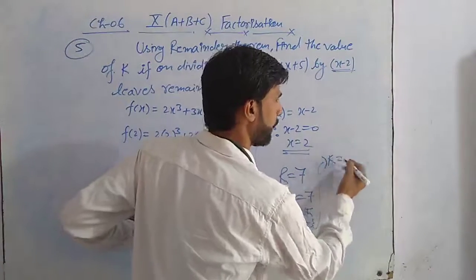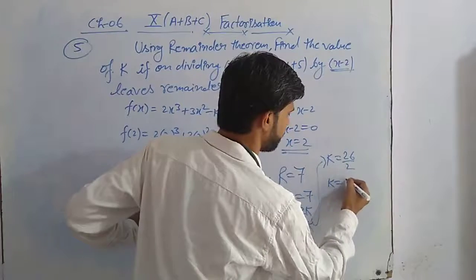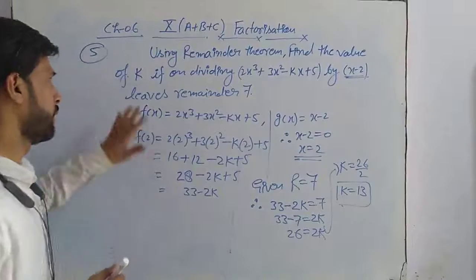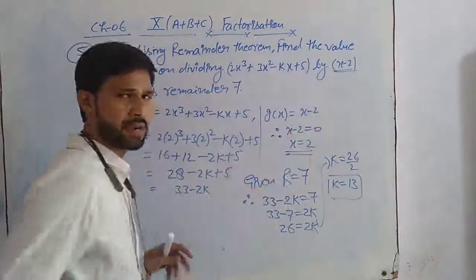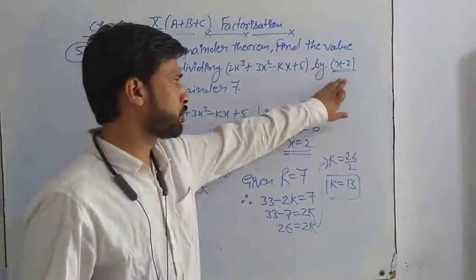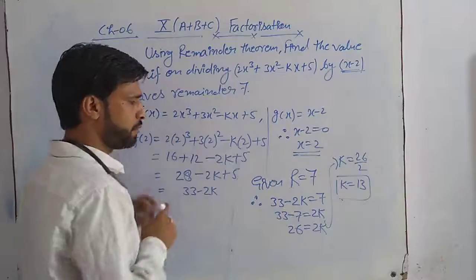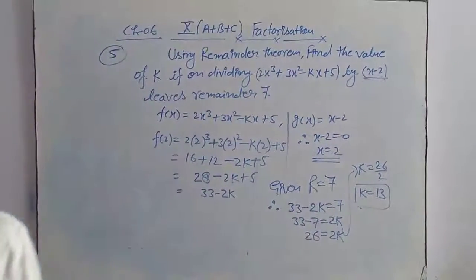Now k is equal to 26 by 2, so k is equal to 13. It means that when the function 2x cube plus 3x square minus kx plus 5 is divided by x minus 2, using the condition that the remainder is 7, the value of k is 13.